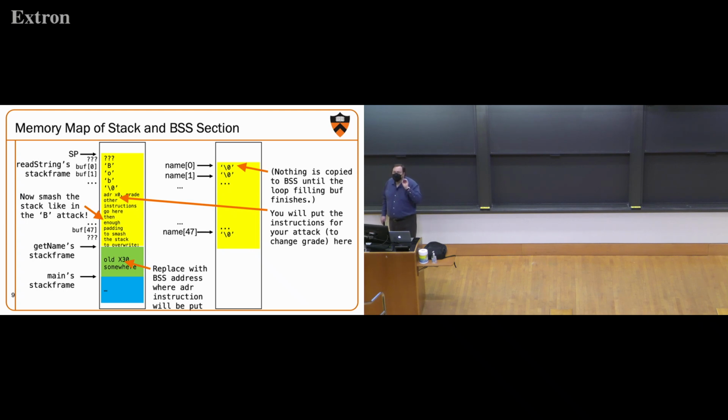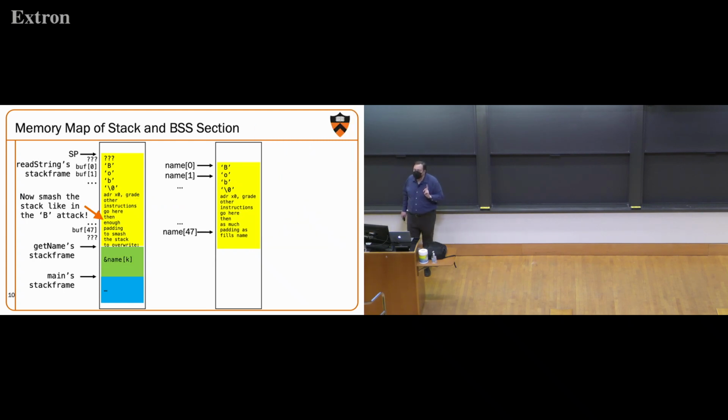So that overwritten X30 is going to point into the BSS section where eventually those instructions will get copied. Smash the stack, execute the code that you want to execute, which is probably going to figure out where grade lives in memory, overwrite the grade, and give you an A instead of a D or a B. So this is how this exploit is going to work.